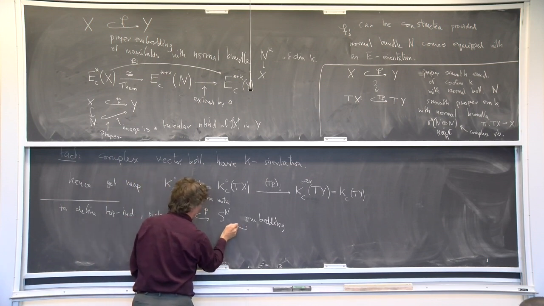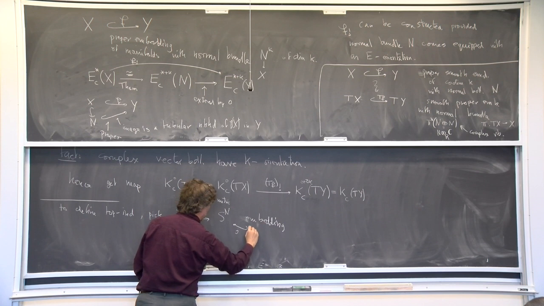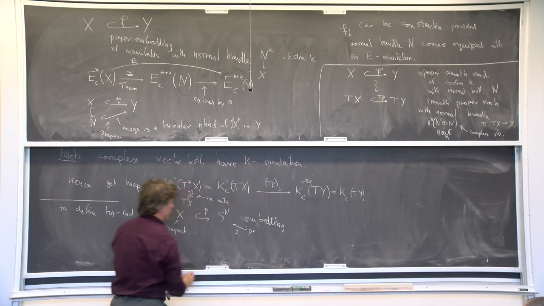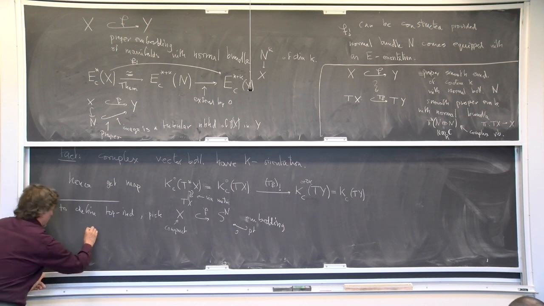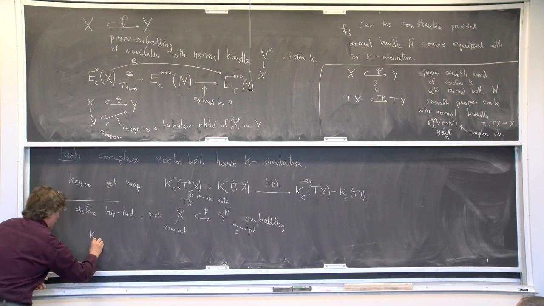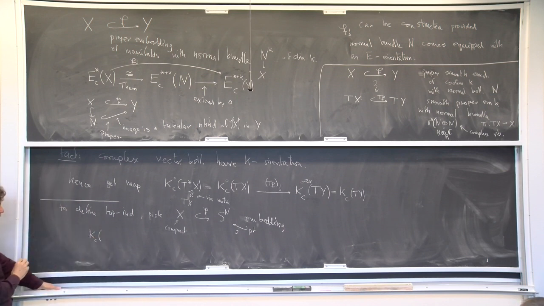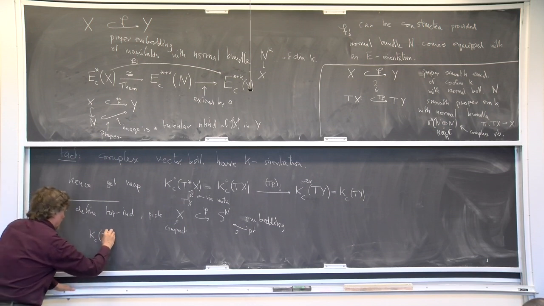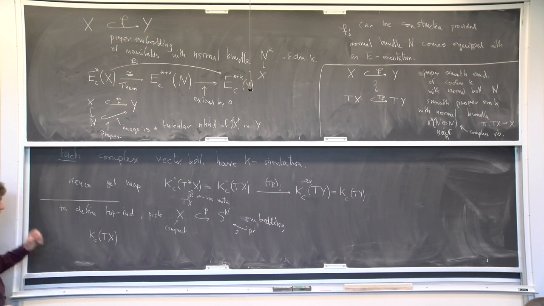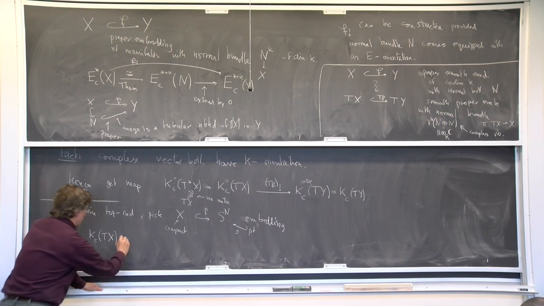I also have the embedding J of a point into Sn. So then I'm going to go like this. I want my topological index map to go from the K-theory of the tangent bundle of X into the K-theory of a point, right? How is that going to work?